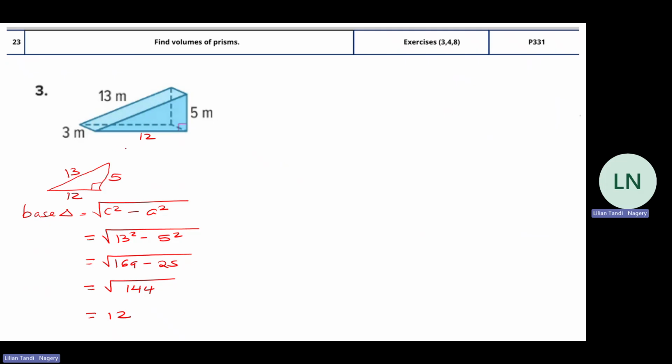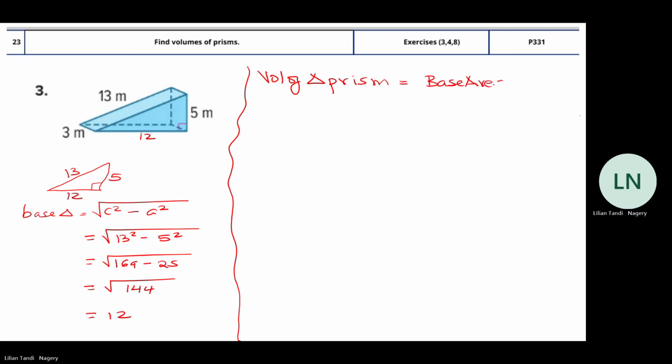Okay. Now, what does the question want? The question wants volume of triangular prism. Volume of triangular prism is given by base area times height. Now, what is the shape of your base?